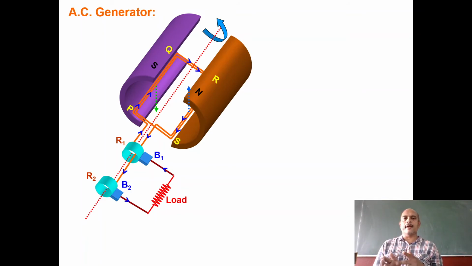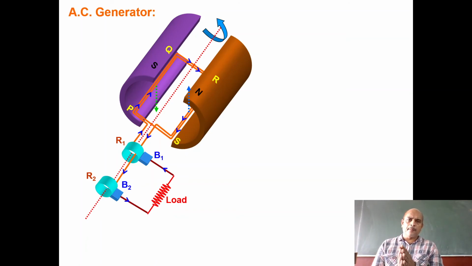What is Fleming's right hand rule? We use the forefinger, middle finger and thumb of the right hand in such a way that they are all mutually perpendicular. If the forefinger gives the direction of magnetic field and the thumb shows the direction of motion, then the middle finger shows the direction of current. So with the help of these fingers we can find the direction of current.